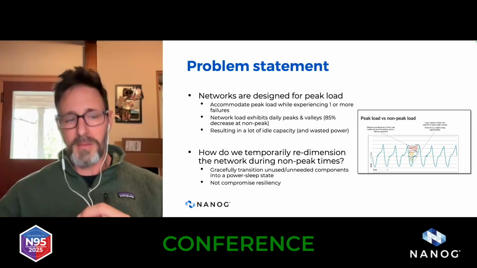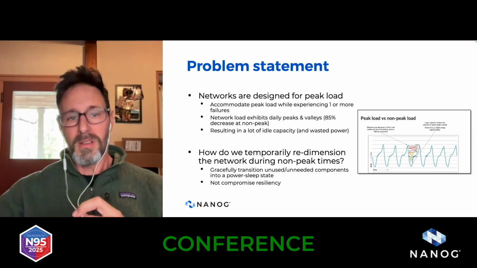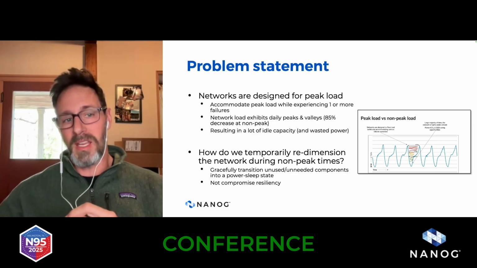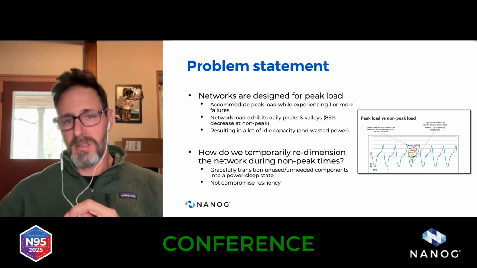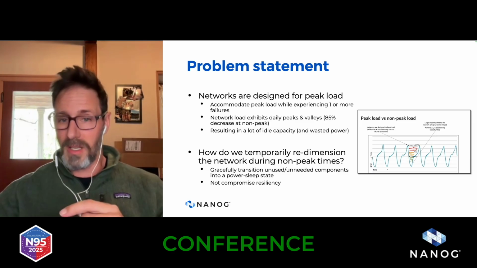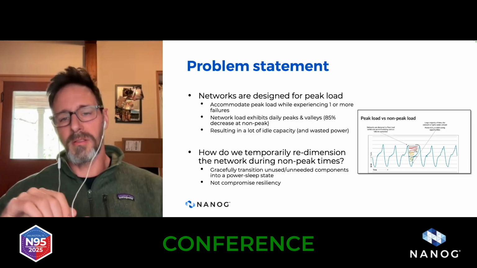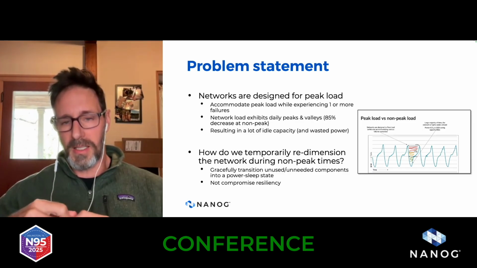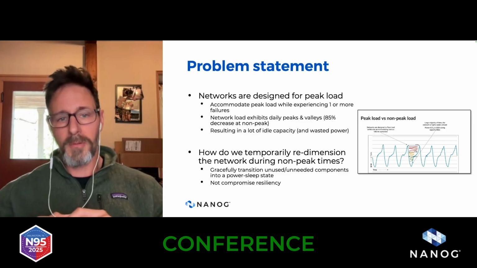While at the same time, our networks exhibit daily peaks and valleys in terms of this load. And in many networks, we see the valleys being 85% less than the peaks. This is what is illustrated in the picture to the right-hand side here. This is an actual graph of daily peaks and valleys from a real operational network.